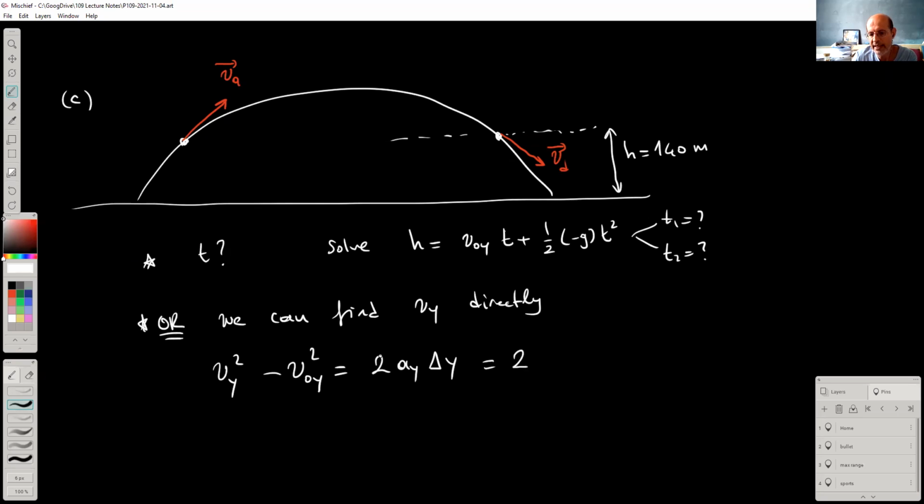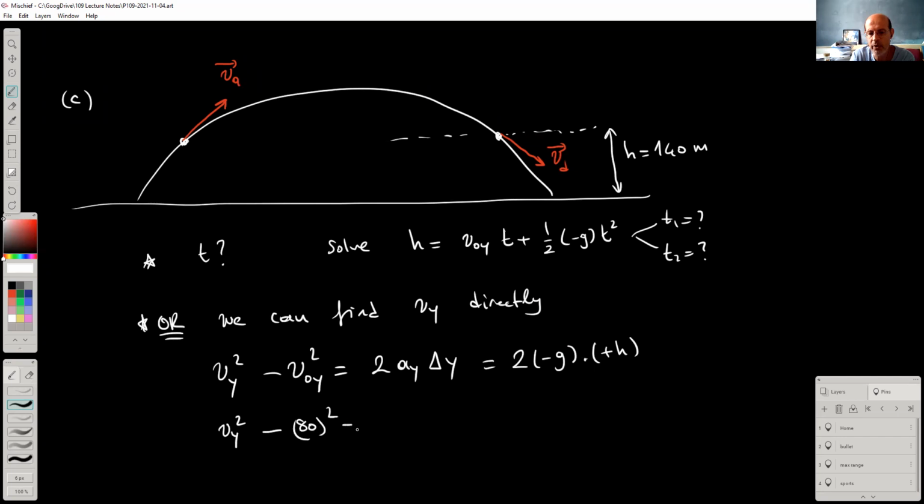The acceleration of y is minus g, and the displacement is obviously plus h. So acceleration and the displacement are in opposite directions. So the right-hand side is negative. When it is above, I also know that the speed is smaller than the initial speed. So therefore, the left-hand side is also negative, right?